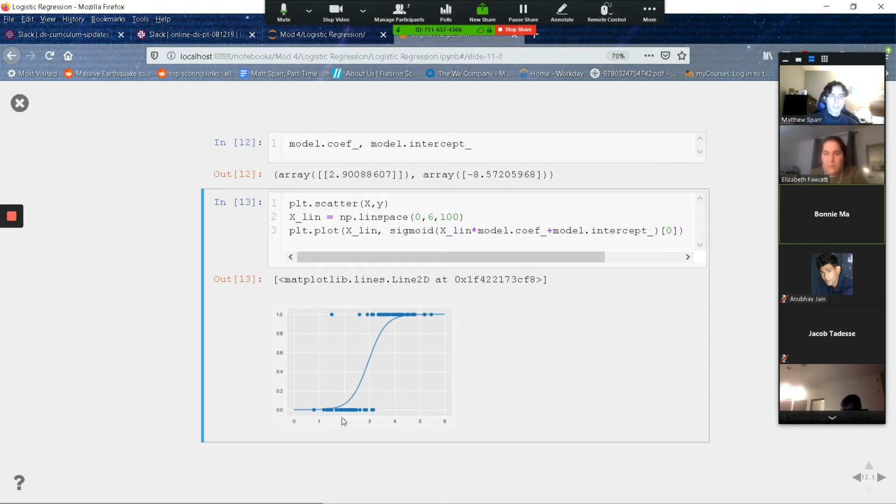It's basically the same: mx plus b for one feature is what you're going to have. When we plot that, we get our S curve fit to our data that divides the two groups in the best way.